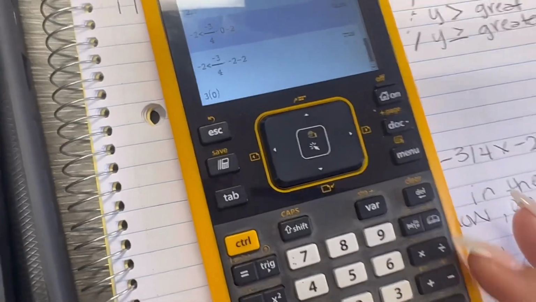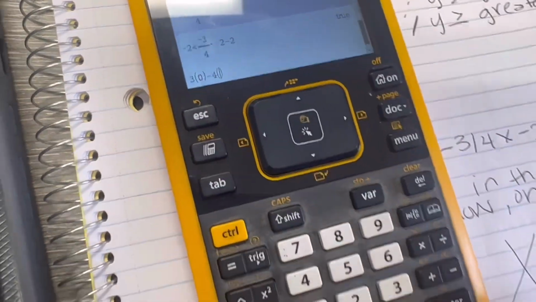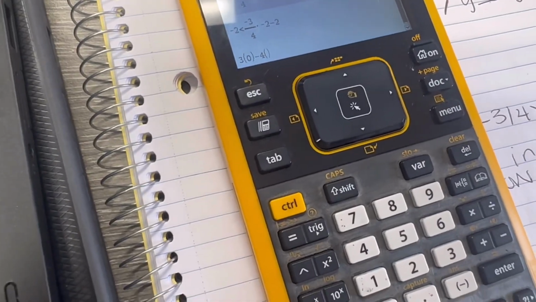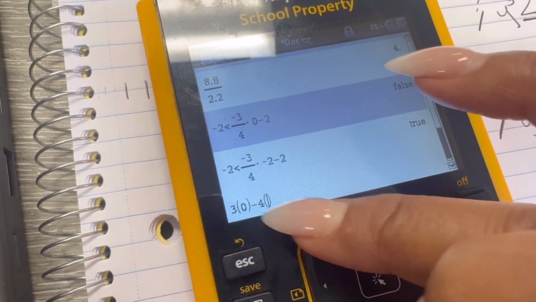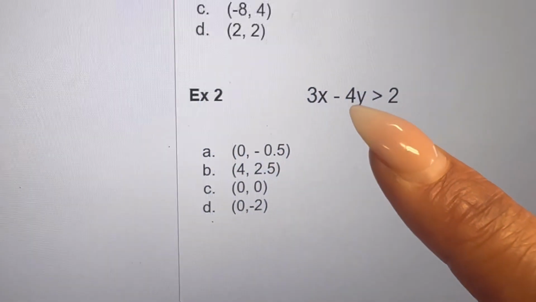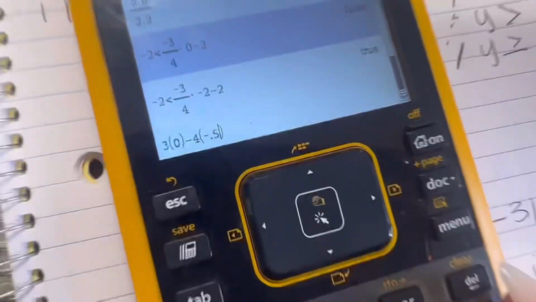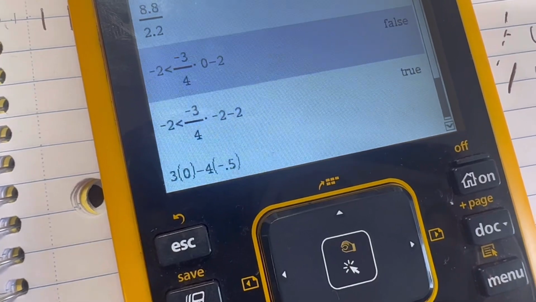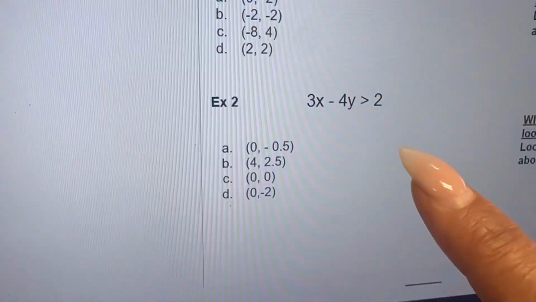Take away the y, so parentheses. Wherever you see an x or a y, put parentheses. 3 times this x value of 0, take away 4 times this y value of negative 0.5, so negative 0.5, write it just how you see it, negative 0.5, is greater than 2.